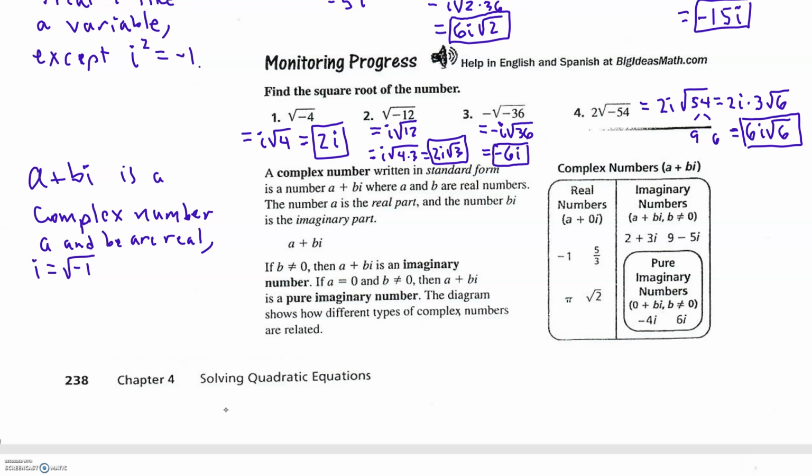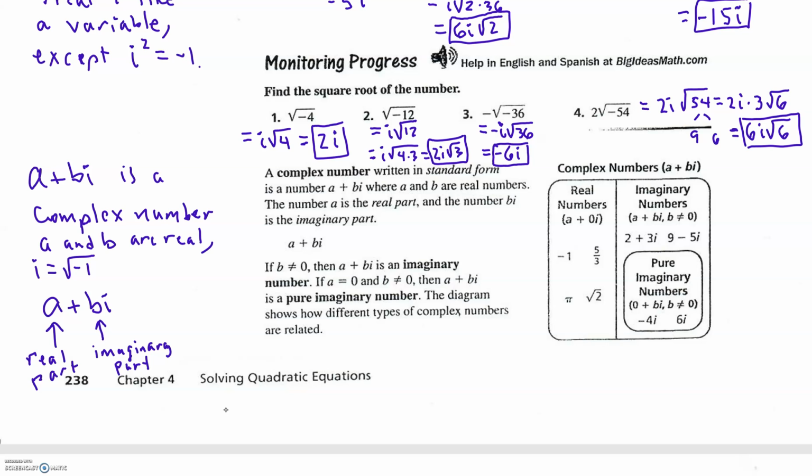So if a and b are real numbers, and i is the square root of negative 1, when we look at a plus bi, the a is called the real part, the b is called the imaginary part, and as we said, the i is the square root of negative 1.